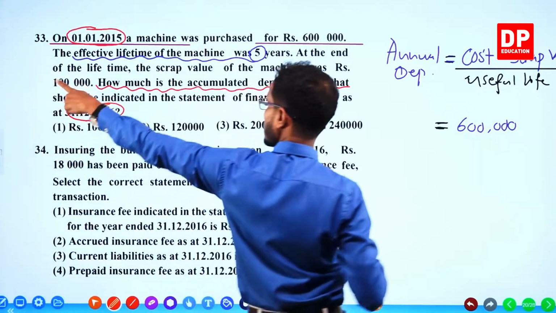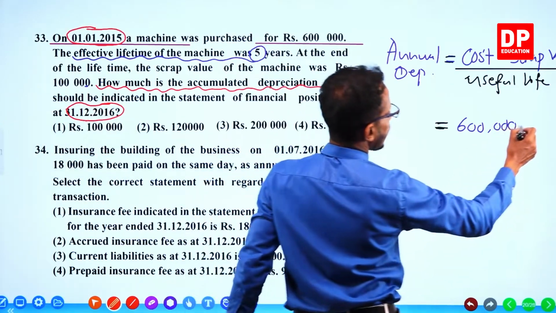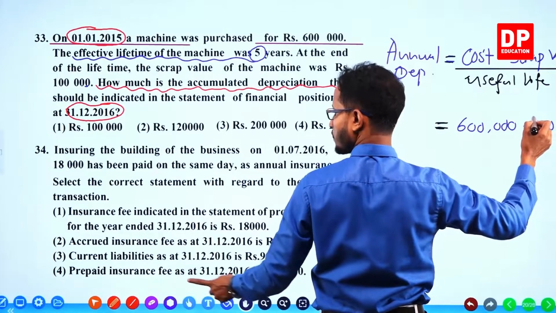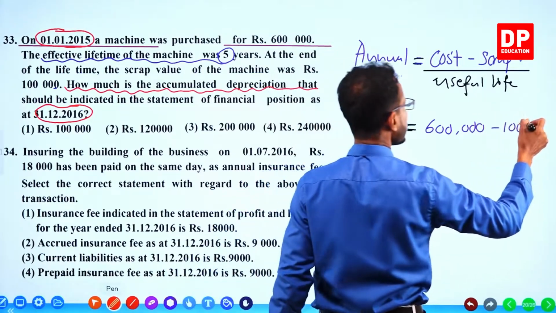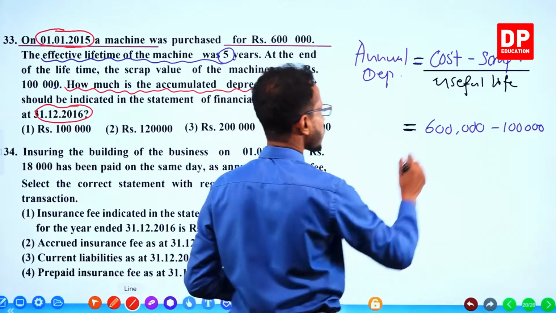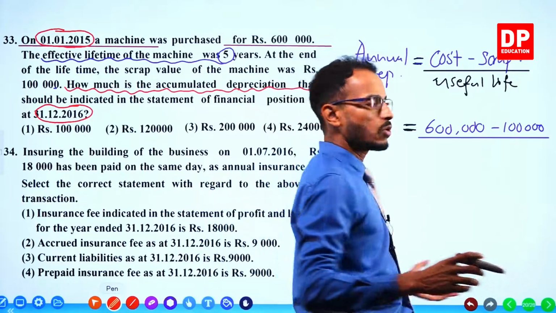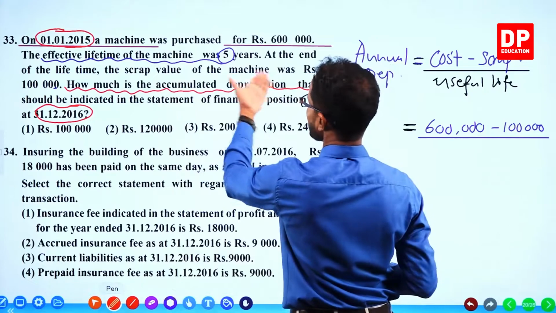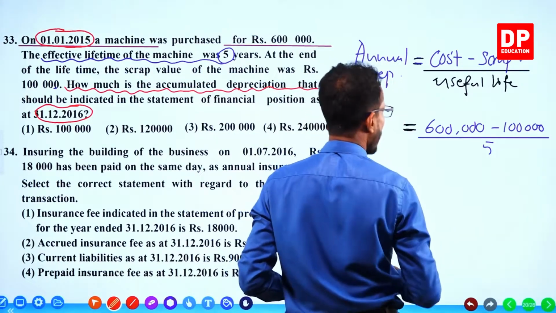So minus scrap value is minus 100,000, divided by useful years. We know the useful years, given 5 years. See? 5. And the answer is how much?